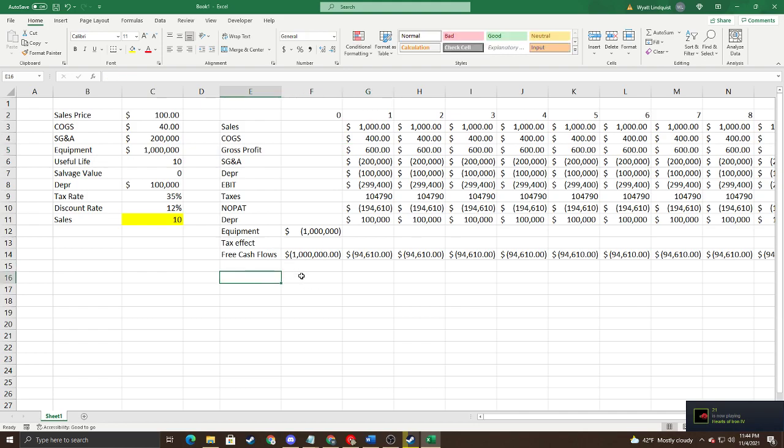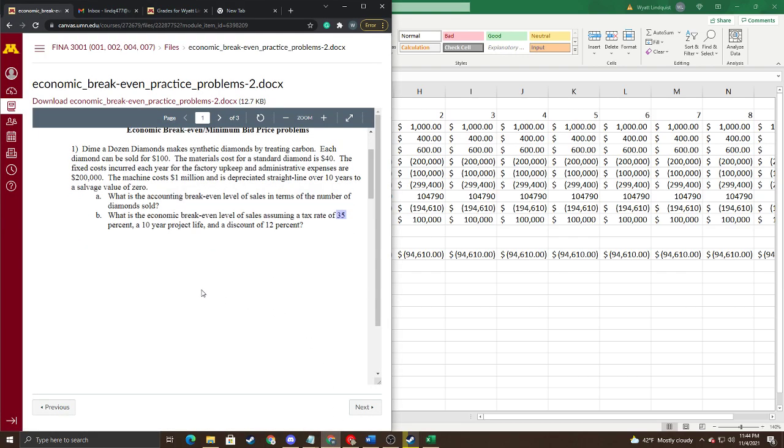So this is actually super helpful, but we have to add one final thing, and that's that we're going to be trying to figure out the sales amount that makes it so that we have a net present value of 0. That's what it's asking for in the equation. What is the economic break-even level?